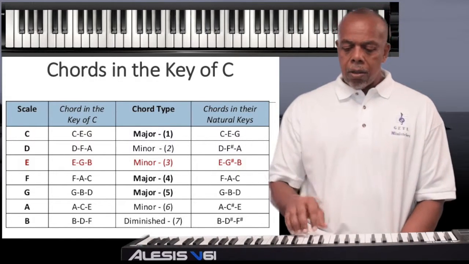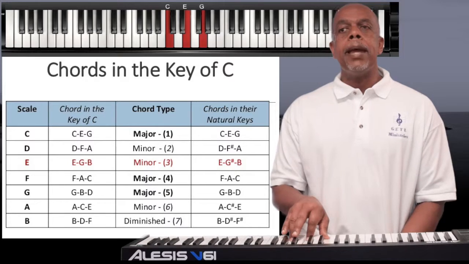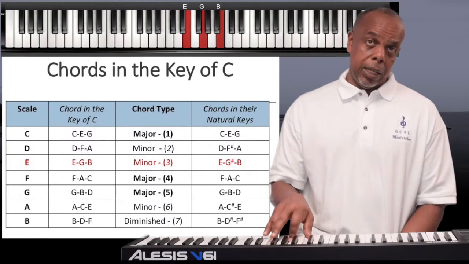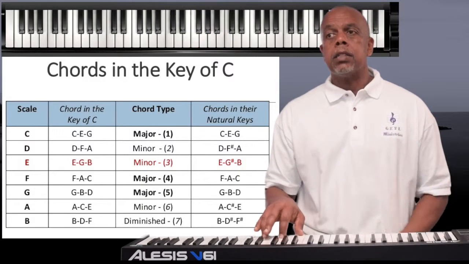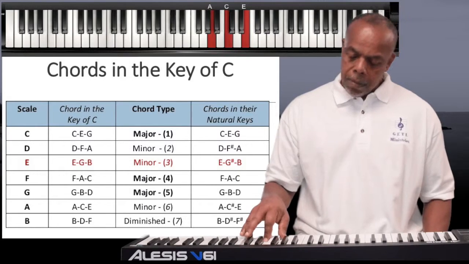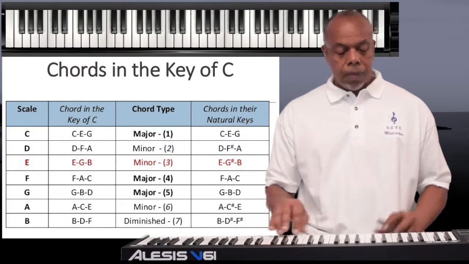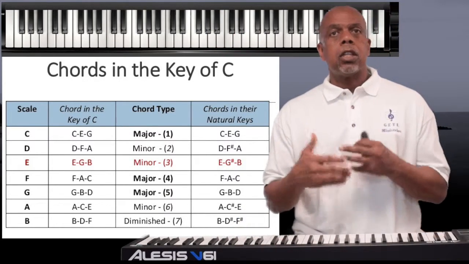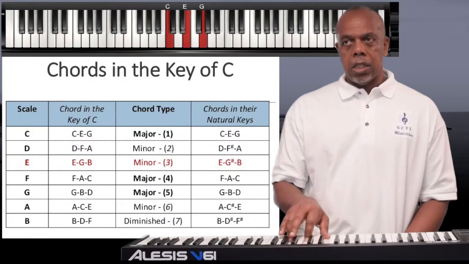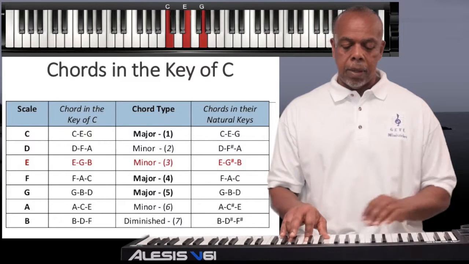So in a scale, the 1 is always a major chord. The 2 is a minor. The 3 is a minor. The 4 is a major. The 5 is a major. The 6 is a minor. The 7th is a diminished. That is good classical background knowledge. So in the key of C, we play the C major.